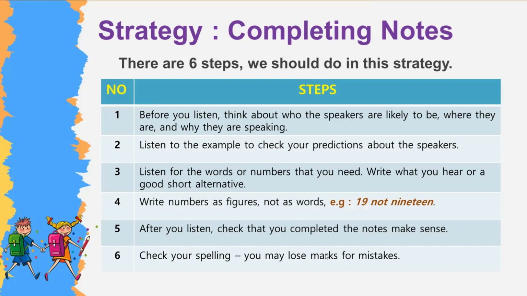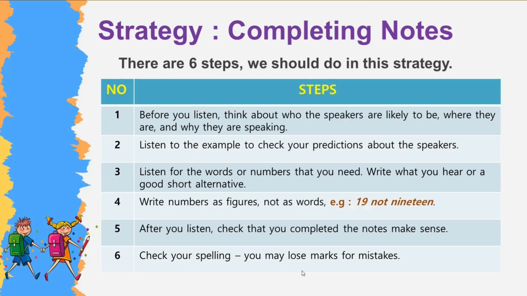And then after you listen, check that the notes you completed make sense. And then the last step, check your spelling. You may lose marks for mistakes. Okay, these are the steps to complete the notes, the first strategy.